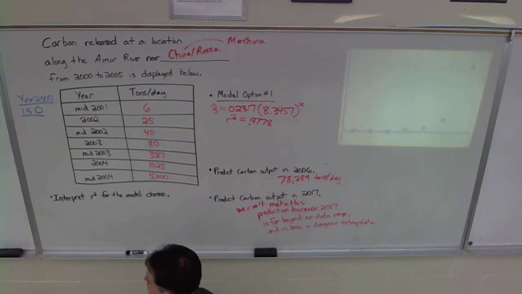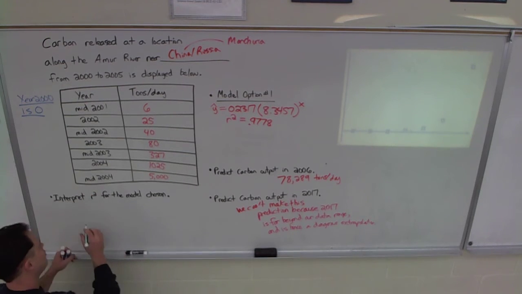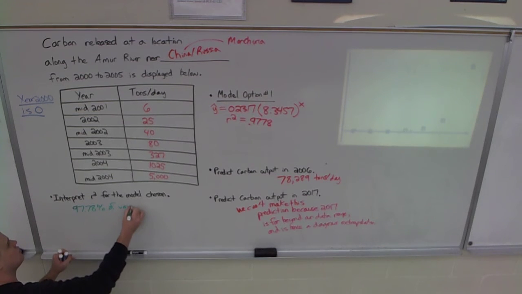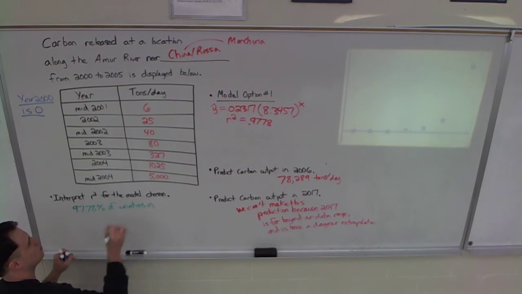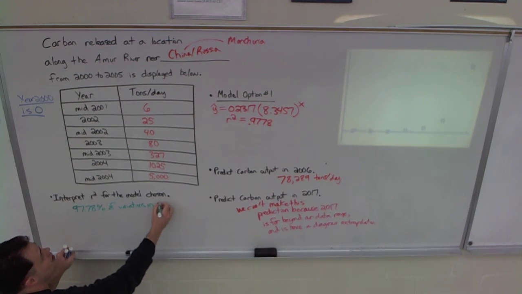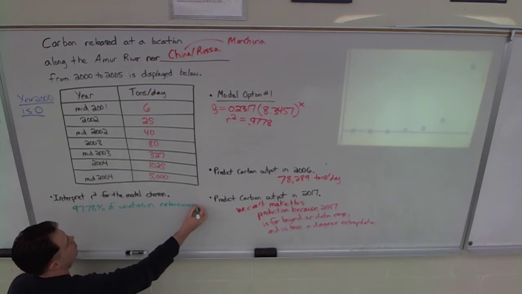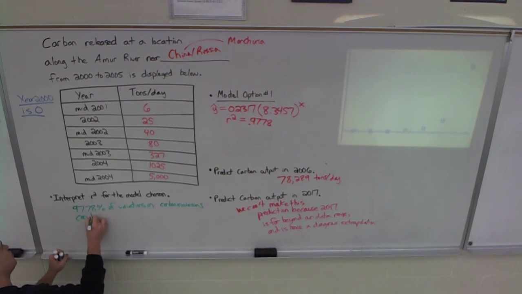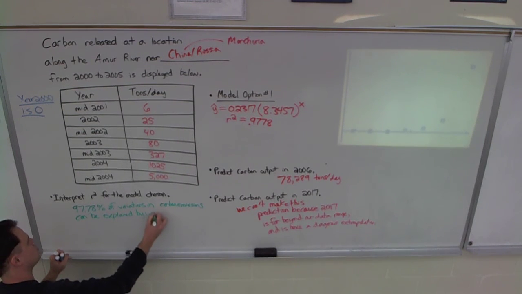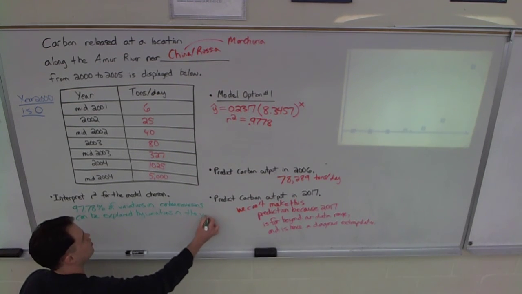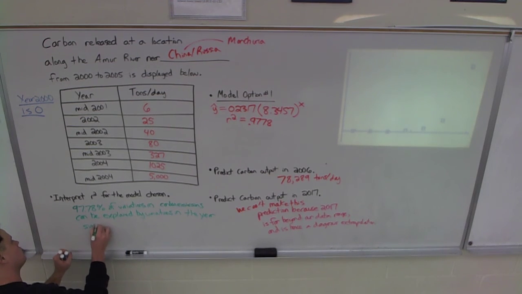Last question I think for this one was interpret R squared. I just want to do it one more time for you guys. So R squared for this model, 97.78% of variation in Y, so in carbon emissions, I'm going to say, you can say tons per day if you want, can be explained by variations in the year since 2000.